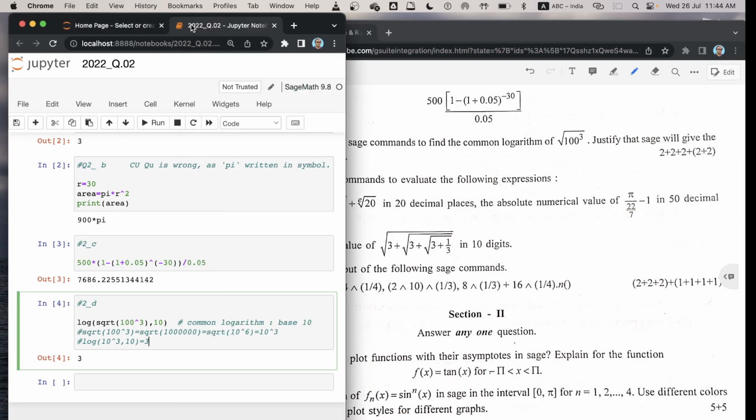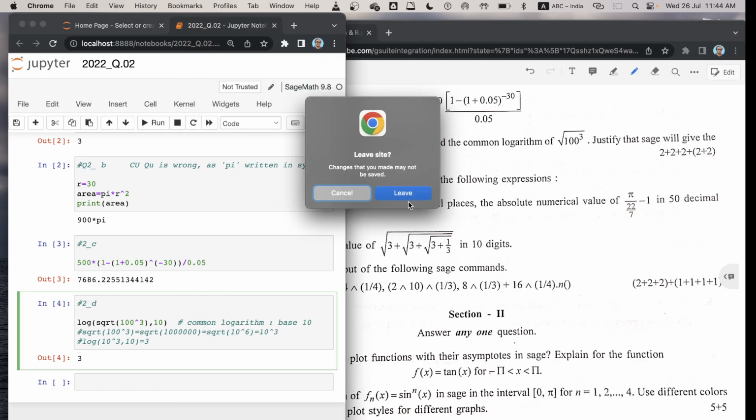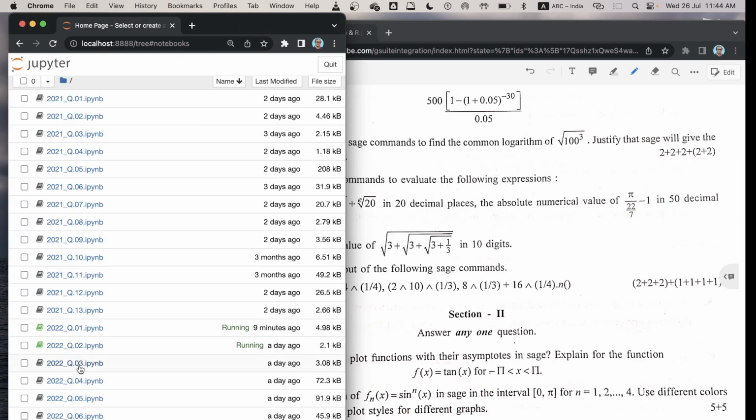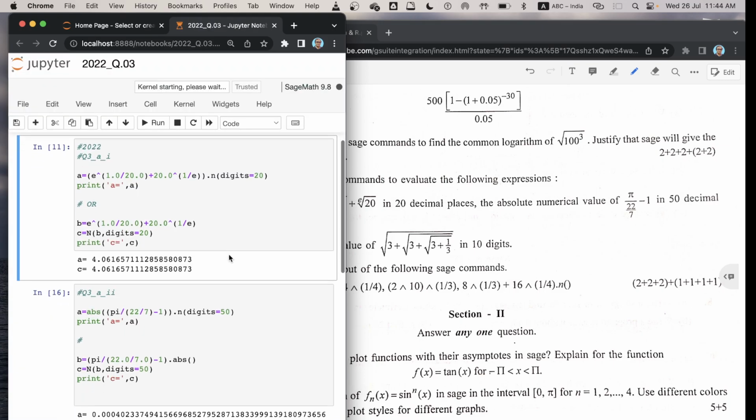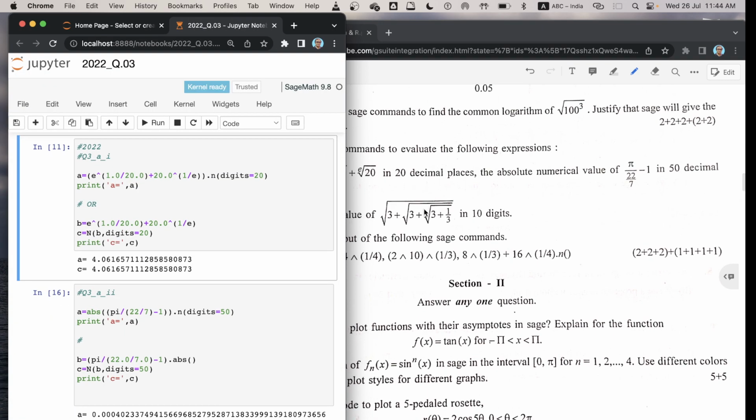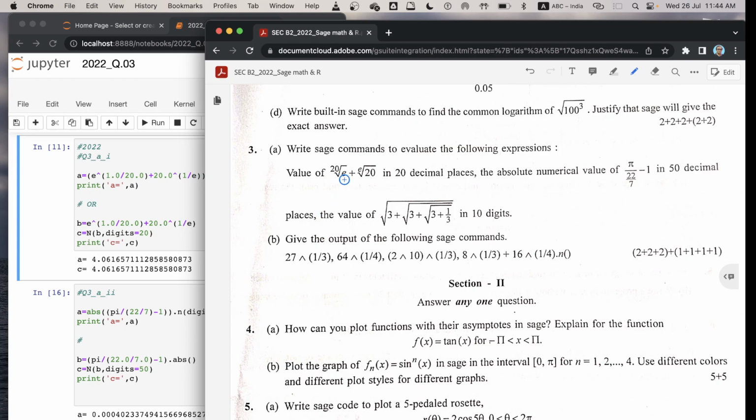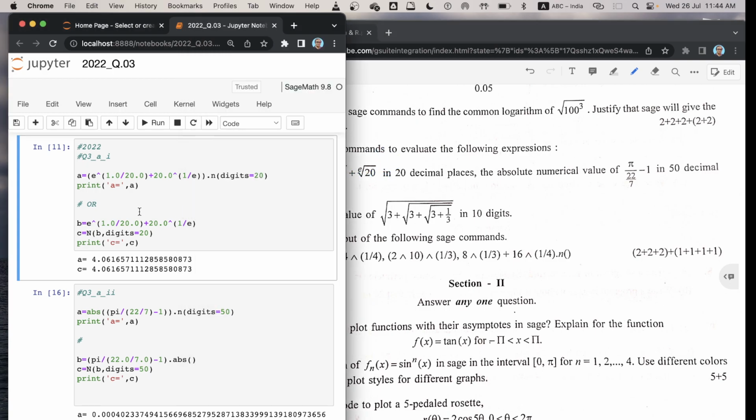Next, question 3. Question 3a, first part: the value of e to the power 20, plus the value of e to the power 1 by 20, plus 20 to the power 1 by e in 20 decimal places.